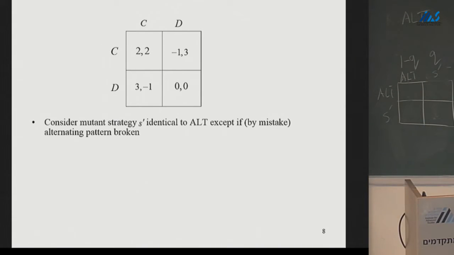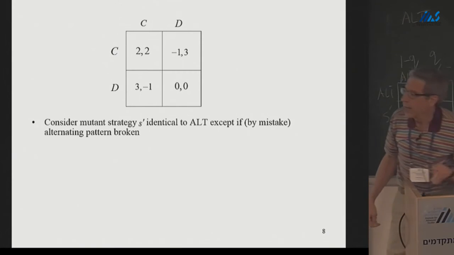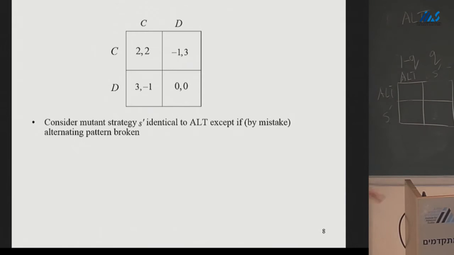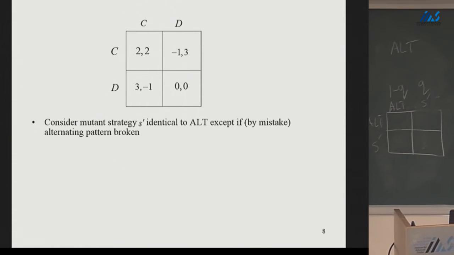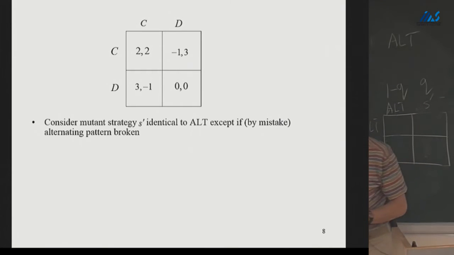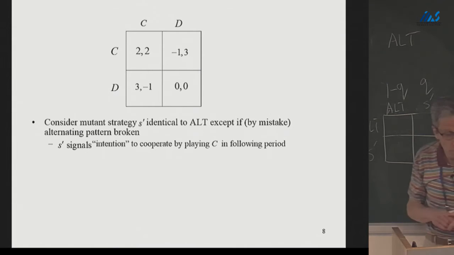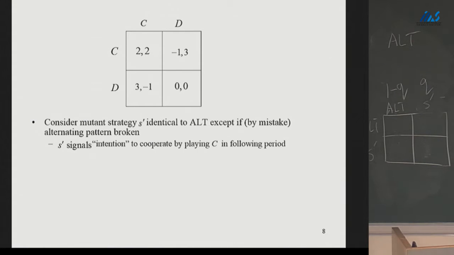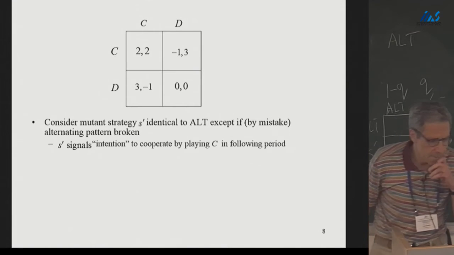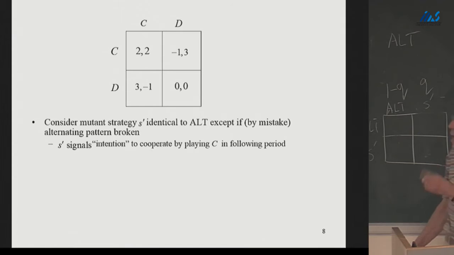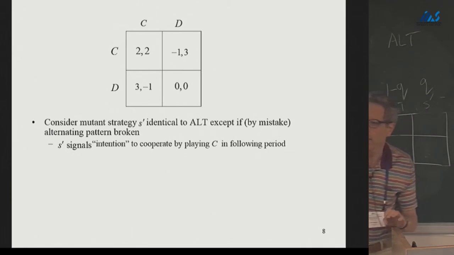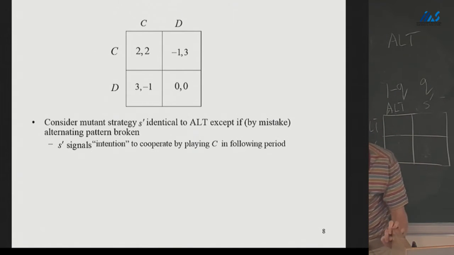It starts out alternating, and like alt, it continues to alternate as long as the other player has followed the alternating pattern. But if the pattern is broken, as will eventually happen by mistake, S prime does not, at least immediately, play D.